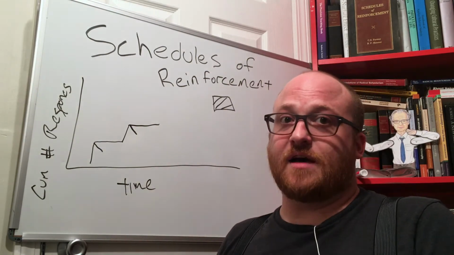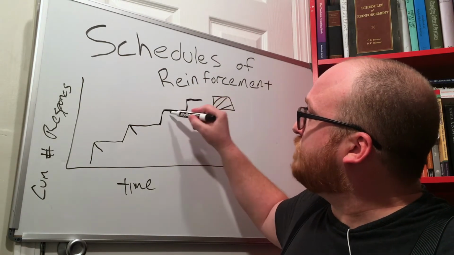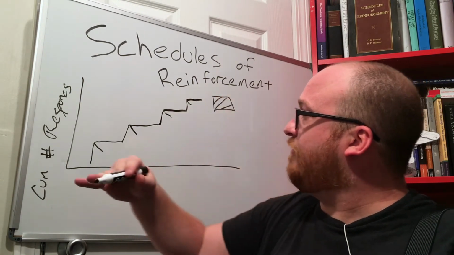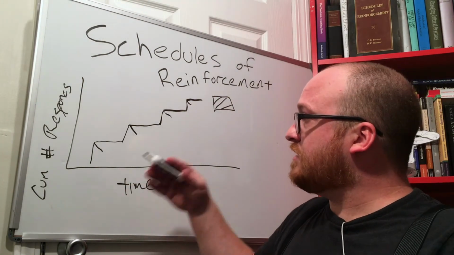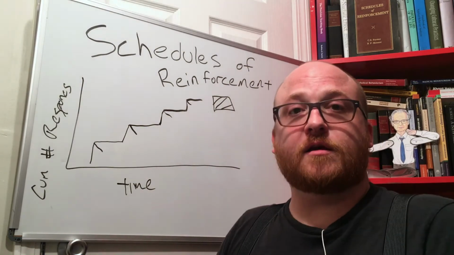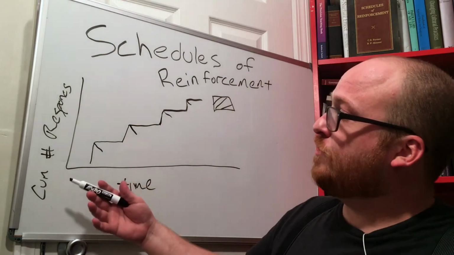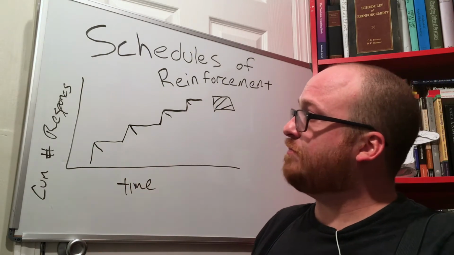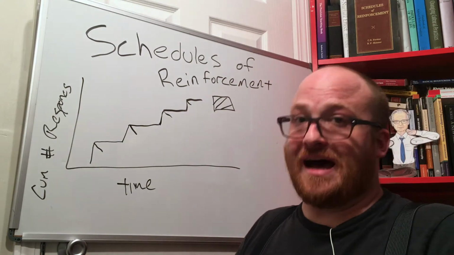When looking at this on the cumulative record, you will notice it looks like steps, with the flat part of the step, where you would put your foot, being a post-reinforcement pause, and the steep parts going up being our cumulative number of responses. Remember, with our cumulative record, our y-axis is the cumulative number of responses, and our x-axis is time.